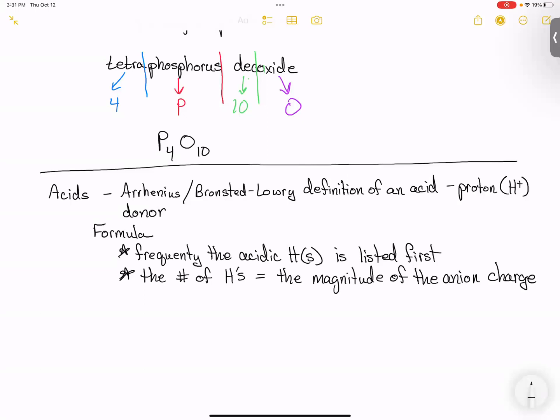And the last key factor, for our purposes, again, this is for our purposes, is that the compound will be an acid only once it is dissolved in water.